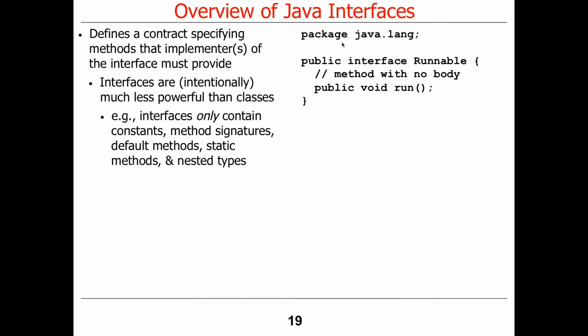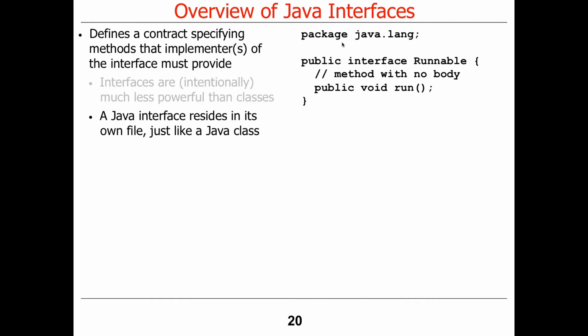They can contain constants, which in Java are basically static finals, method signatures, which are things like public void run, default methods, which we'll look at later, static methods, and nested types. Those are the only things you can put into an interface. You cannot define fields, for example. You can't have private or protected methods. There's a bunch of things you can only have in a class.